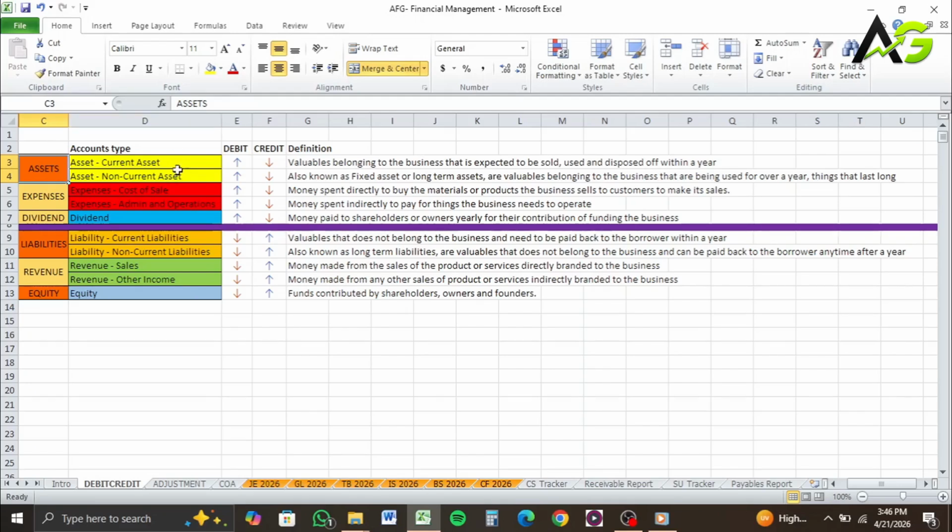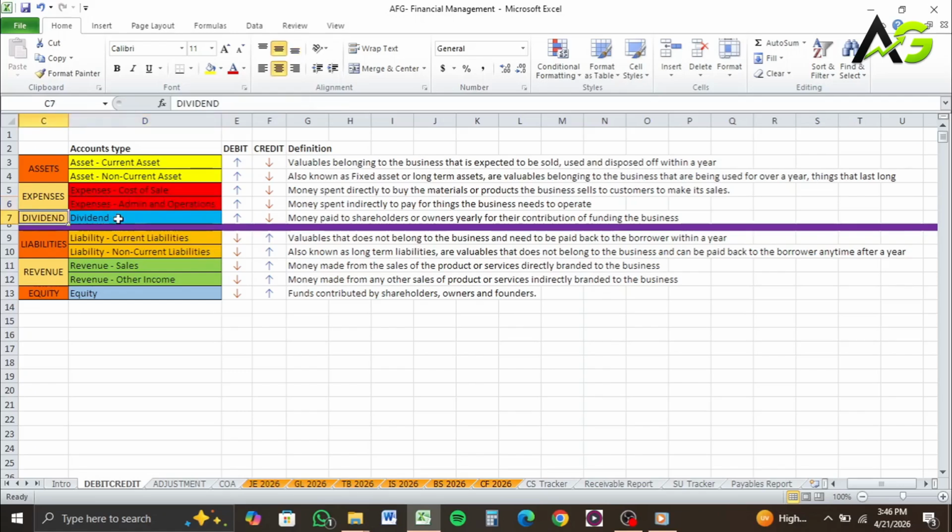So there are 2 types of assets: there's the current assets, and there's the non-current assets. The next one is expenses. Expenses are things that you need to pay for just to operate. There are two types: there is the cost of sale, and then there are the admin and operations expenses.